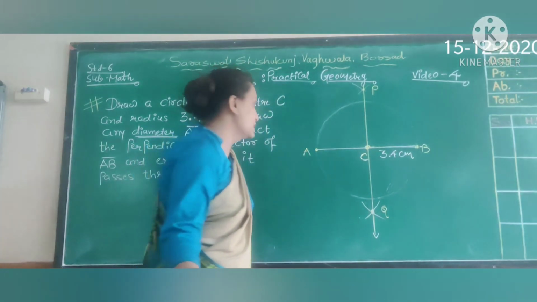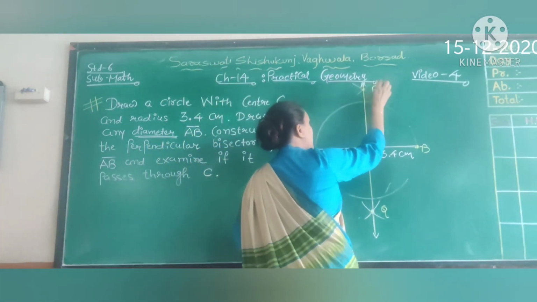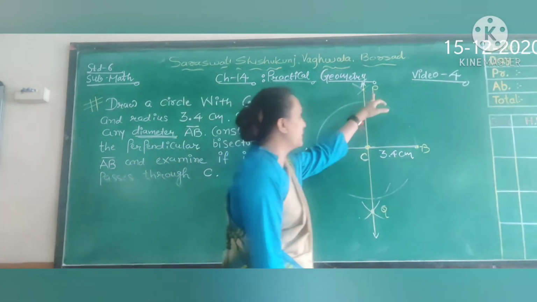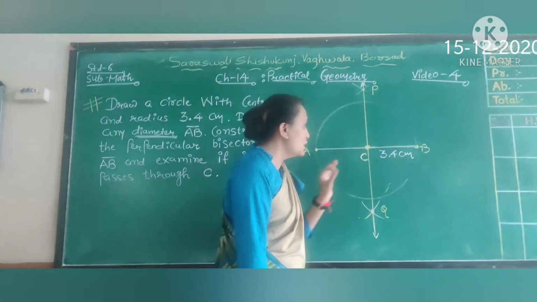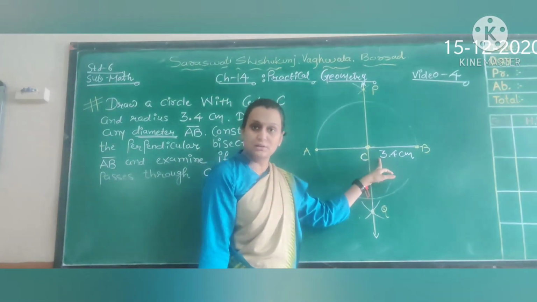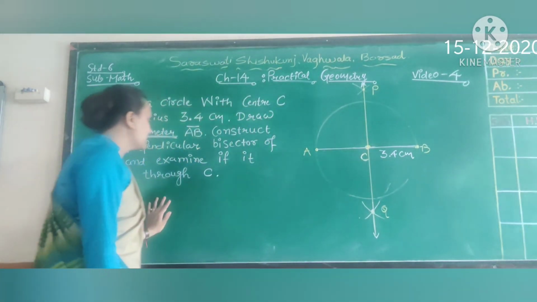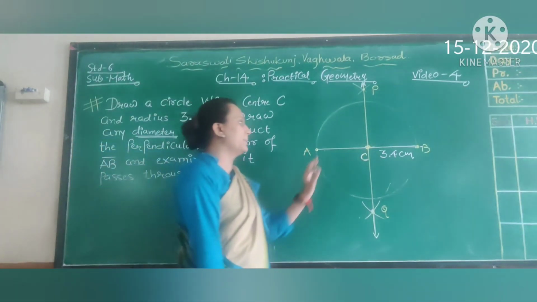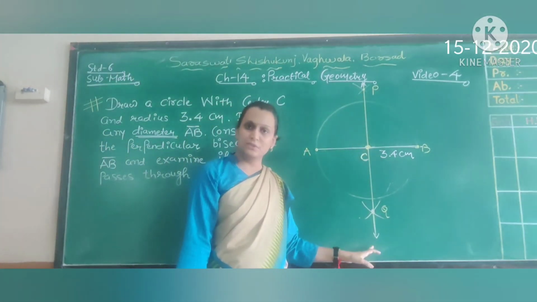So here you can see that we have joined the perpendicular bisector P and Q. You can see that the perpendicular bisector PQ passes through the point C. So we can say that yes, point C lies on the perpendicular bisector PQ.